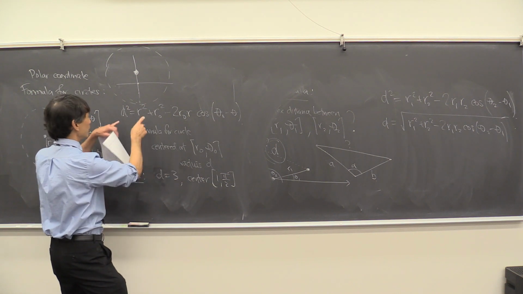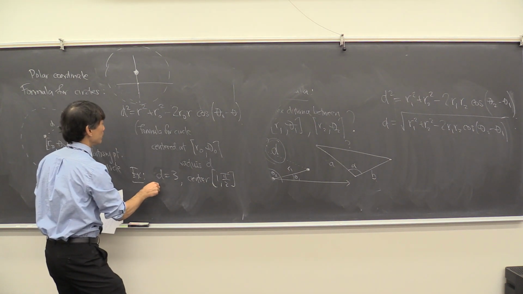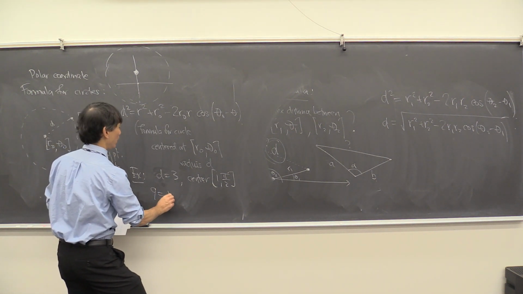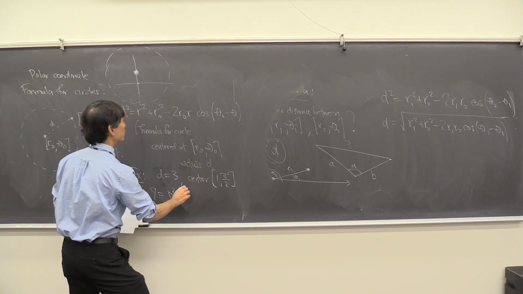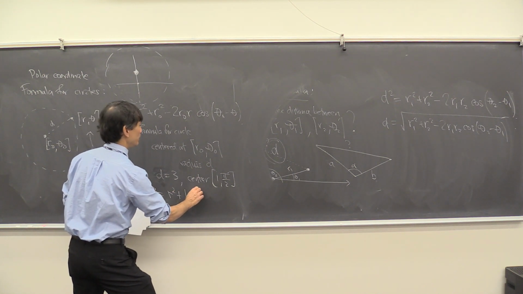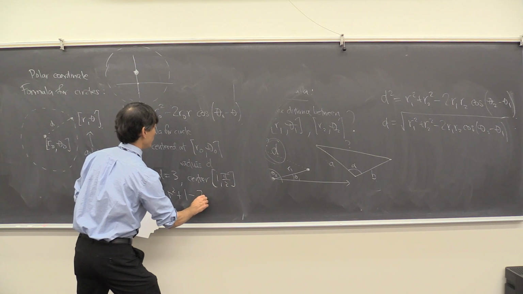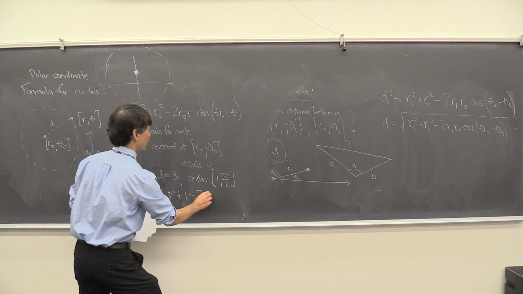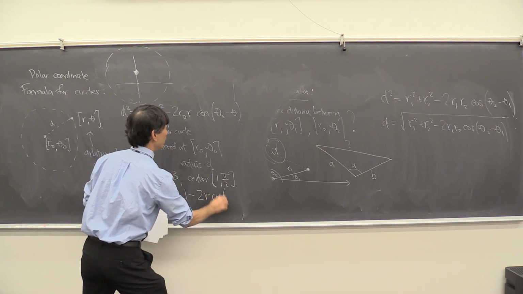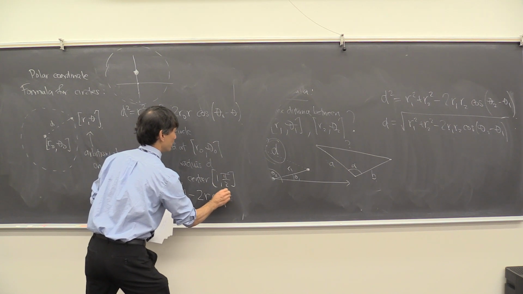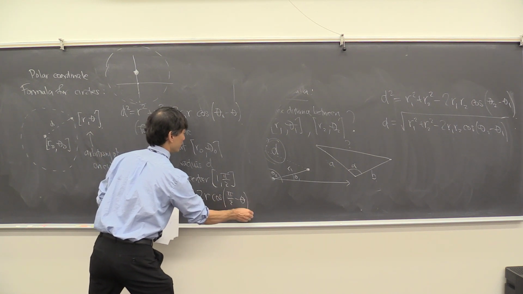You just say, okay, what does it say? It says 9 has to be r squared plus 1 minus 2r cosine of (pi over 2 minus theta).